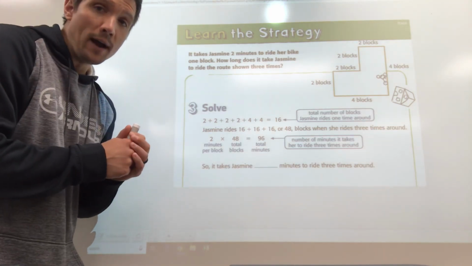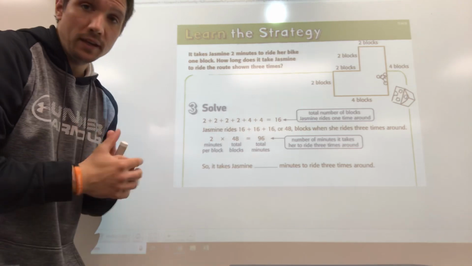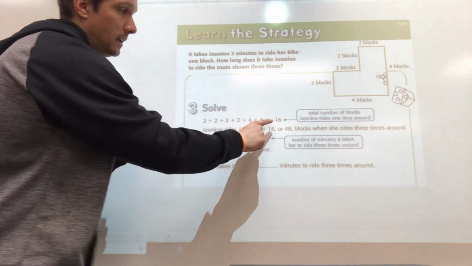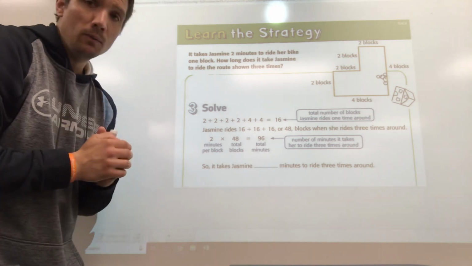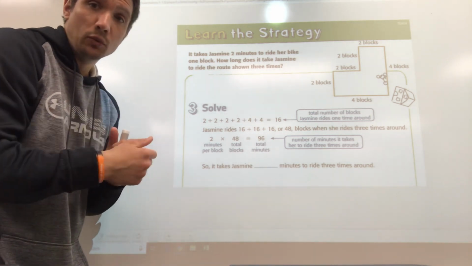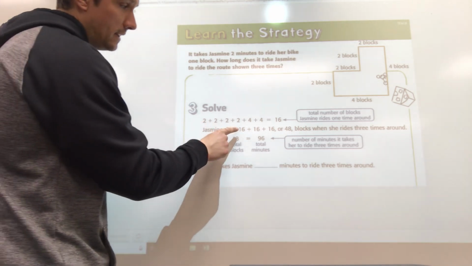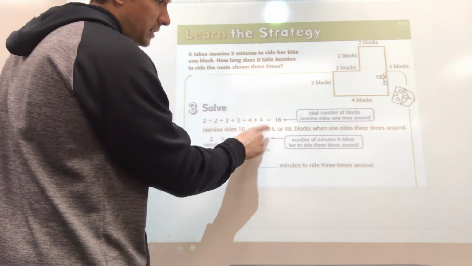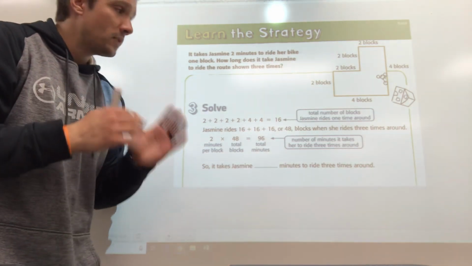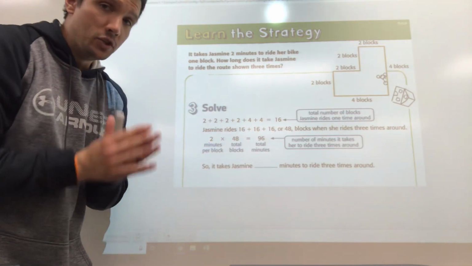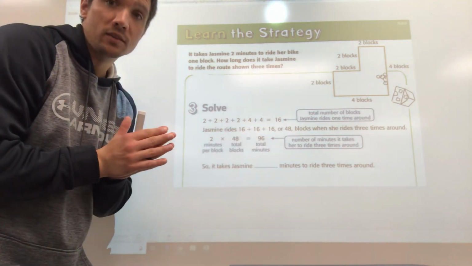So on this figure, if she rides around the whole thing 1 time, it is 16 blocks. So she rides around that 3 times. You can see the next step. They added 16 plus 16 plus 16, which gives them 48. So in the end, we know that Jasmine rode 48 blocks altogether.